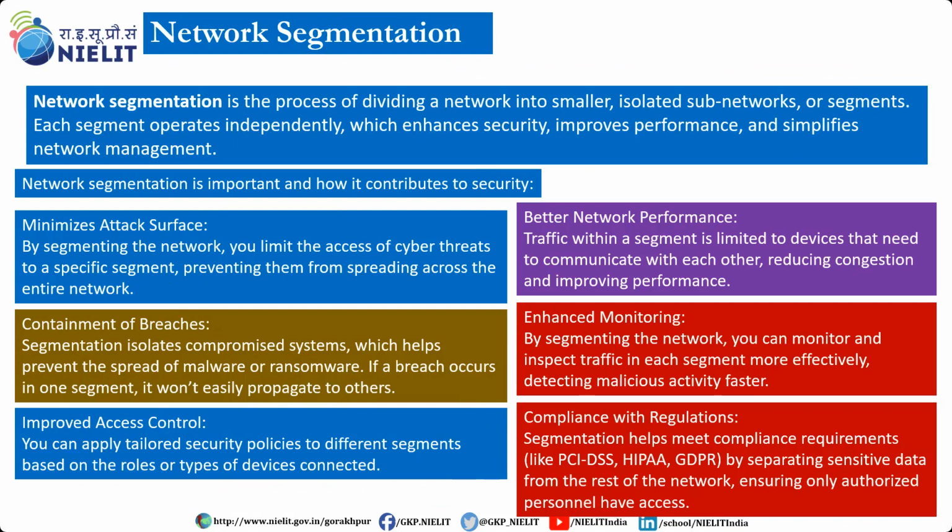But if all the branch offices are participating in a single network, it will be very difficult to manage, monitor, and apply security policy for all the PCs present in the same network. Better network performance. Dividing a large network will always result in better network performance. Enhanced monitoring. Monitoring will be very easy if you divide the large network into smaller ones.